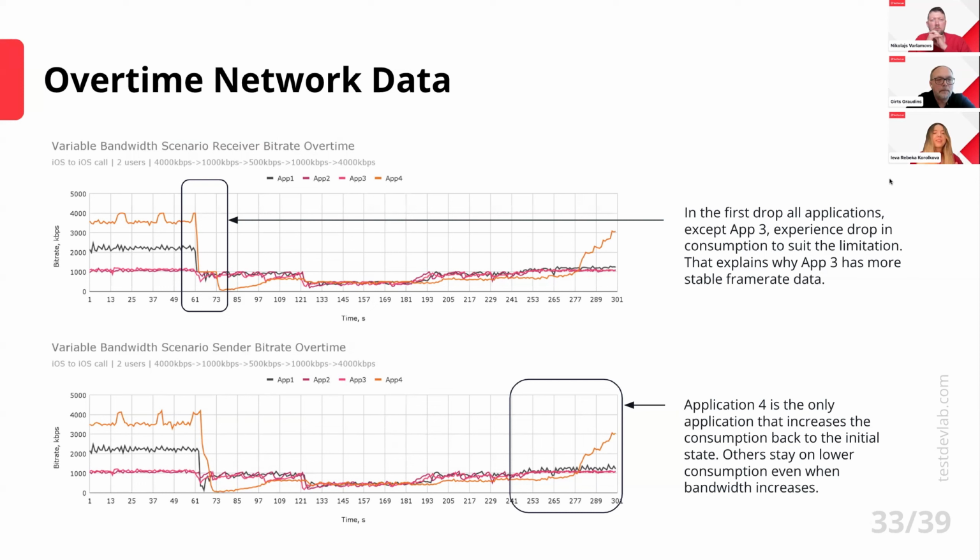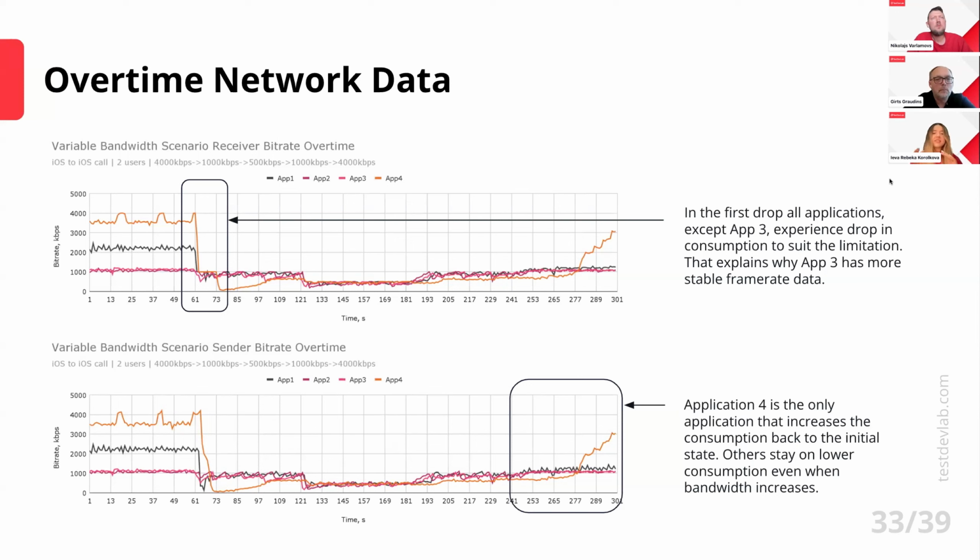So before the call started, there were 4 megabits per second available to fulfill the call and ensure that it's working in a stable manner. And application 4 would on average consume around 3.5 megabits per second in that scenario.